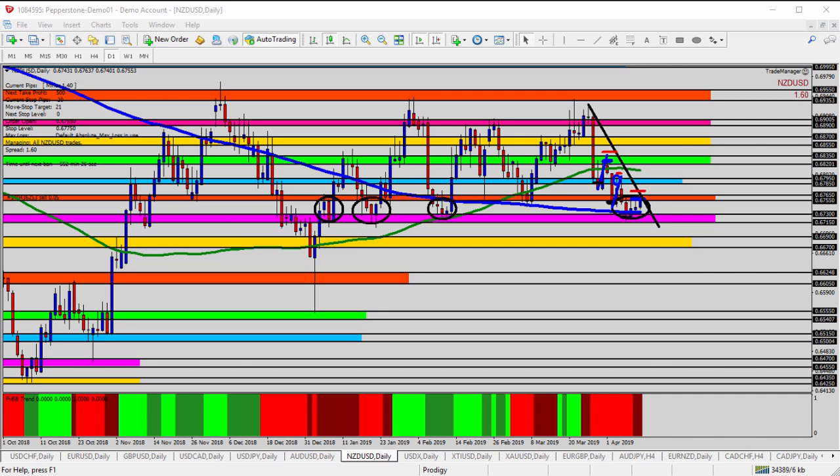Today we're taking a look at the NZDUSD, the New Zealand dollar versus the US dollar, for today's trade analysis. Looking here at the daily time frame, there really hasn't been a significant long-term trend. If we take a box here and bring it out like this, we can go all the way back to the left-hand side, into November of last year.